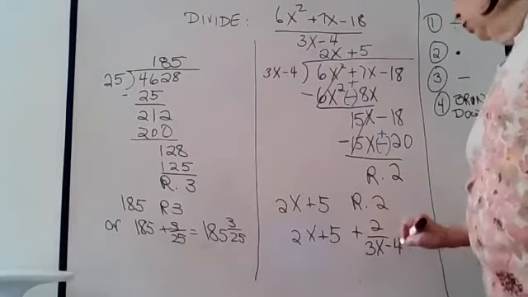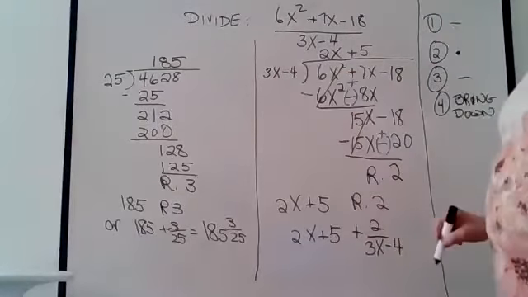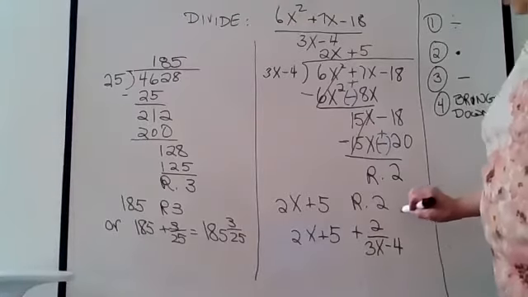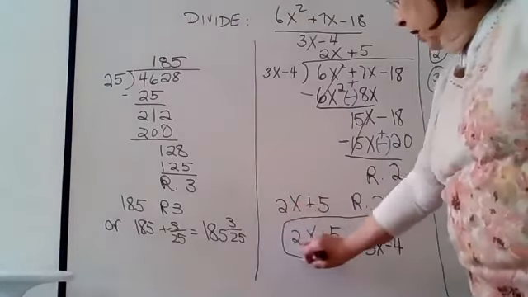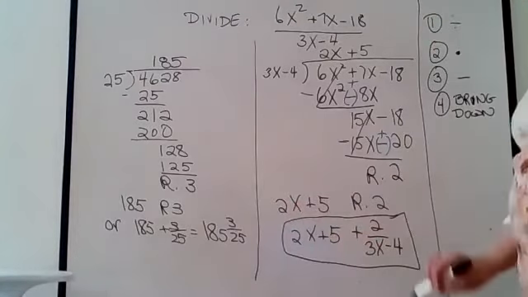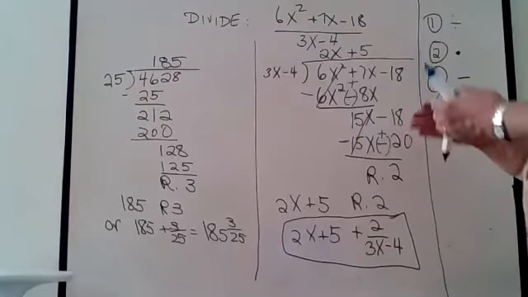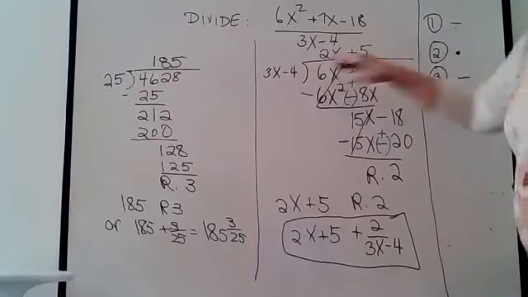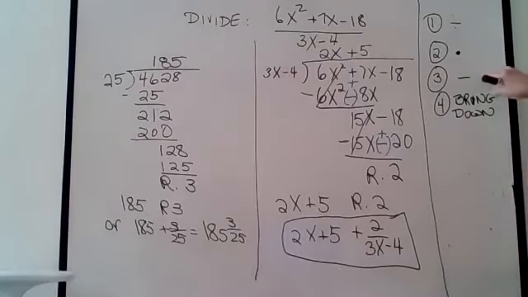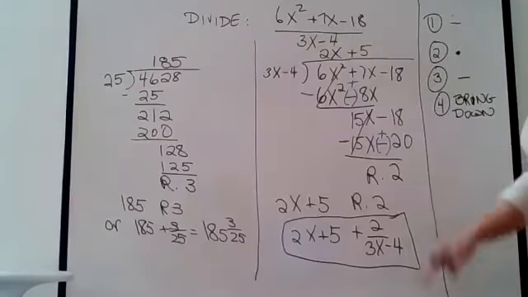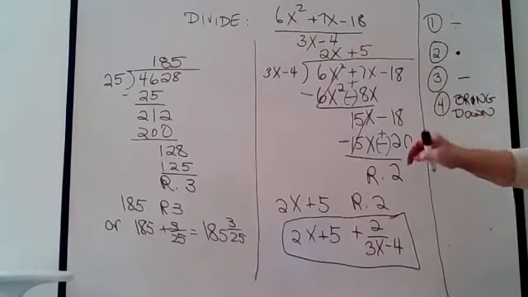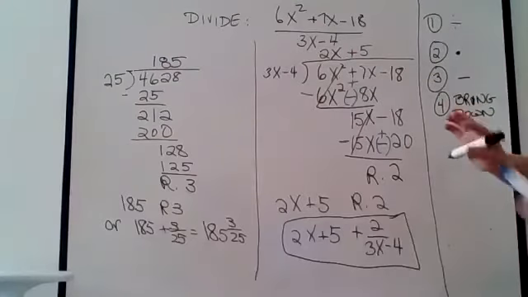Take your remainder and put it over the divisor, and that's probably the more common way of leaving the answer. Again, step, divide, multiply, subtract, bring down. Divide, multiply, subtract, bring down.